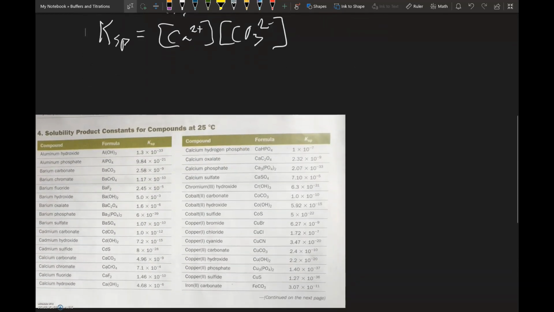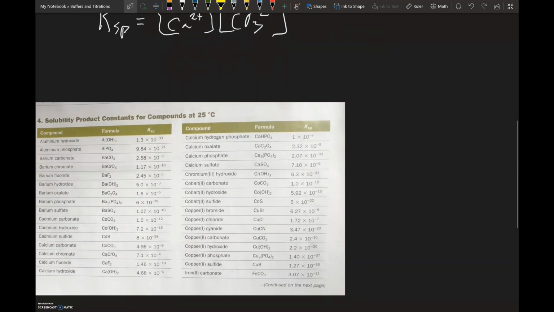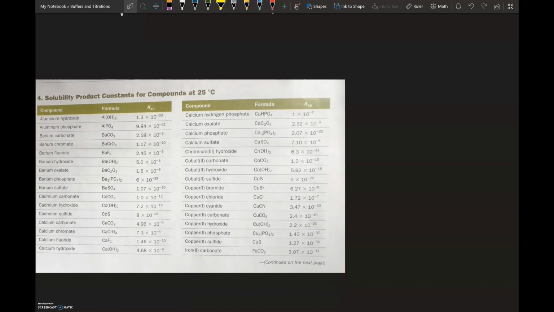We can look at a list of different values that we have for Ksp, and we can find calcium carbonate right here.